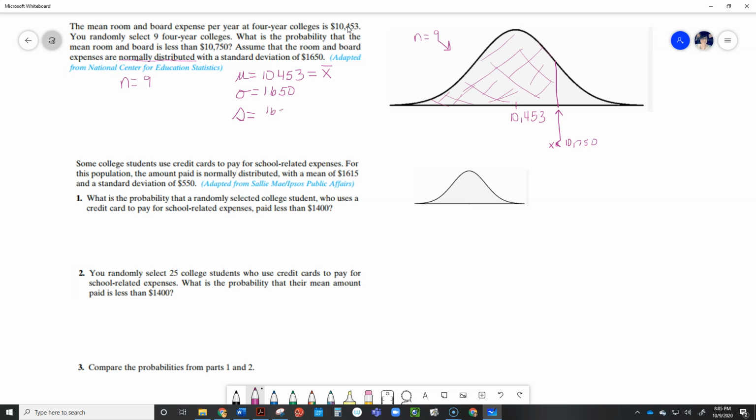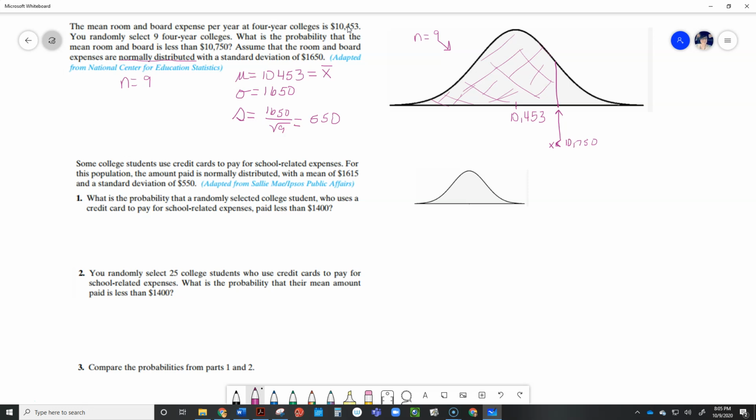And we do that by taking 1650, the standard deviation for the population, and dividing it by the square root of the sample size. And when we do that, we get a standard deviation of 550, not 1,650, but 550. So this is a little bit less than one standard deviation away.